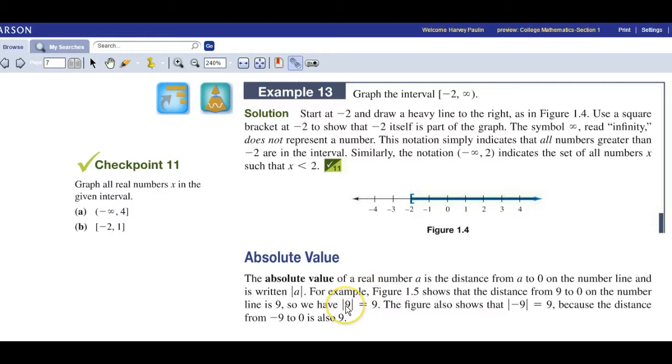So the absolute value of 9 is 9. The absolute value of -9, again, it's how far it is from 0, is 9. Okay? So absolute value signs are grouping symbols, and they are also an operation. Take the absolute value.